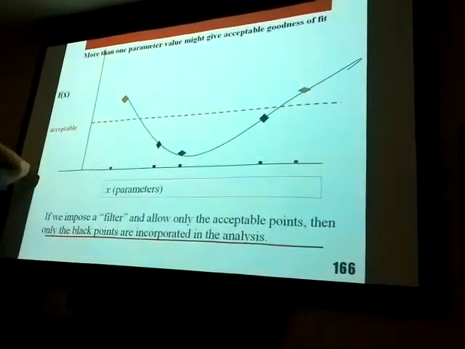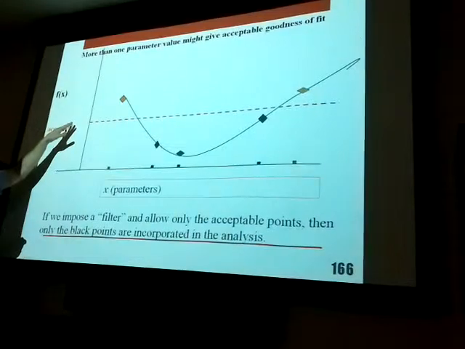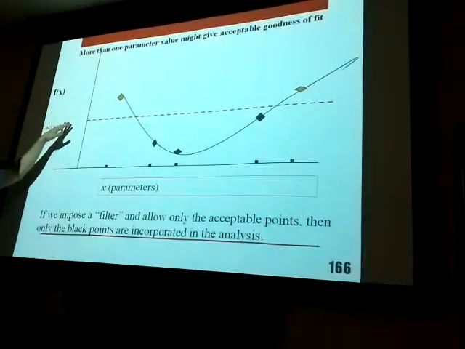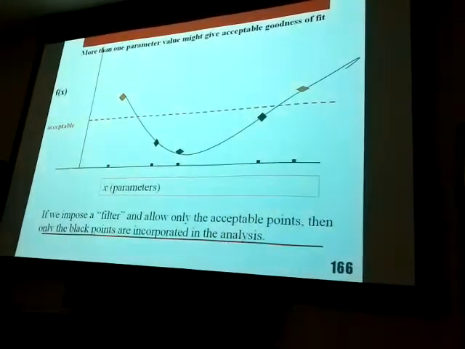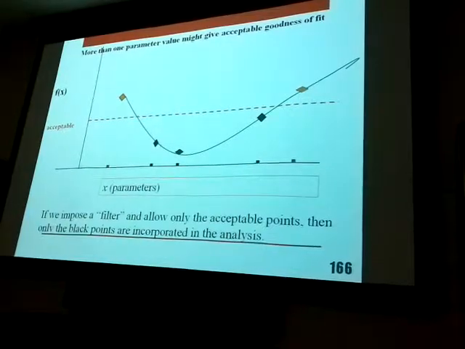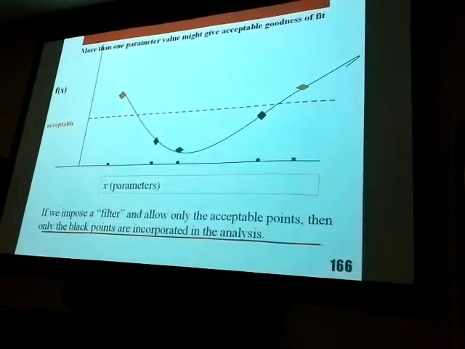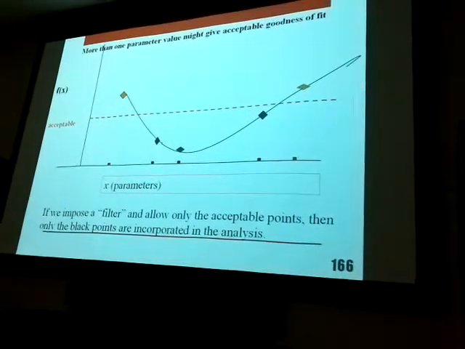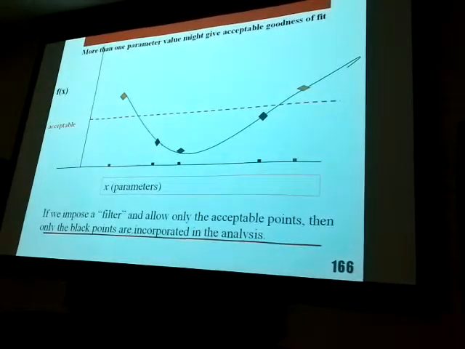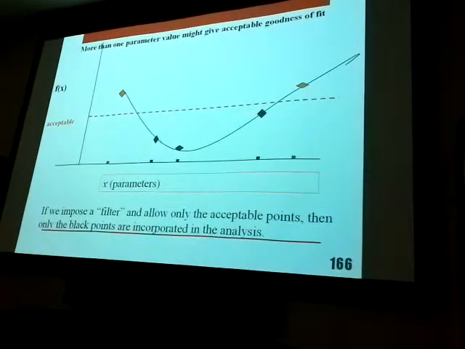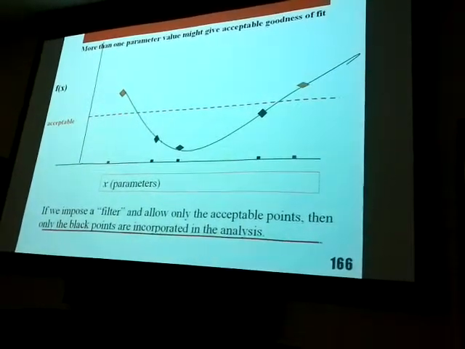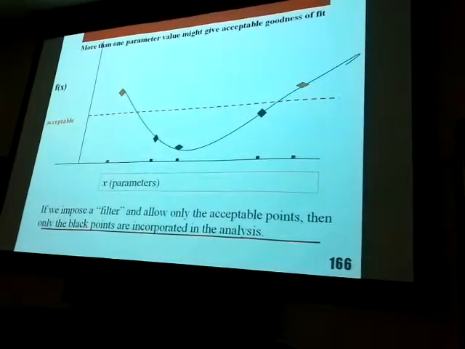So if you had two sets of parameters, one gave 0.9 and one 0.85, which one would you choose? You said that acceptable is 0.8 or better. So 1 is perfect, right? So if you have 1, you are a perfect match. So you would choose 1, right?